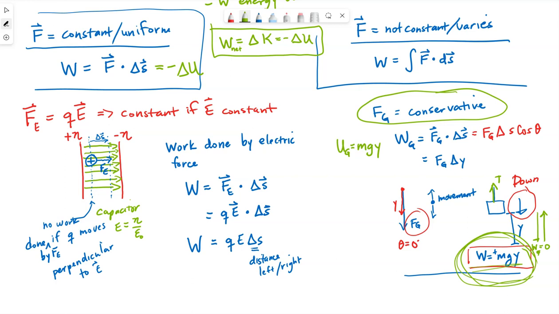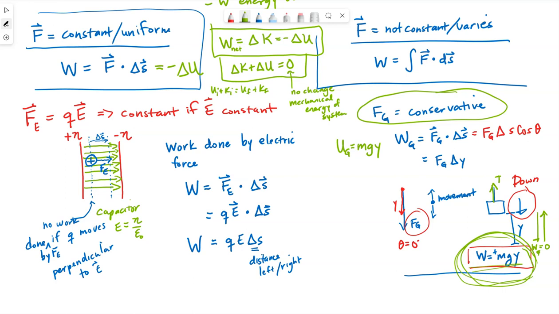We can talk about this also in terms of conservation of energy. If all we have is a conservative force, then there's no change in the mechanical energy of the system. We wrote this also as U initial plus K initial equals U final plus K final. That's perfectly valid.